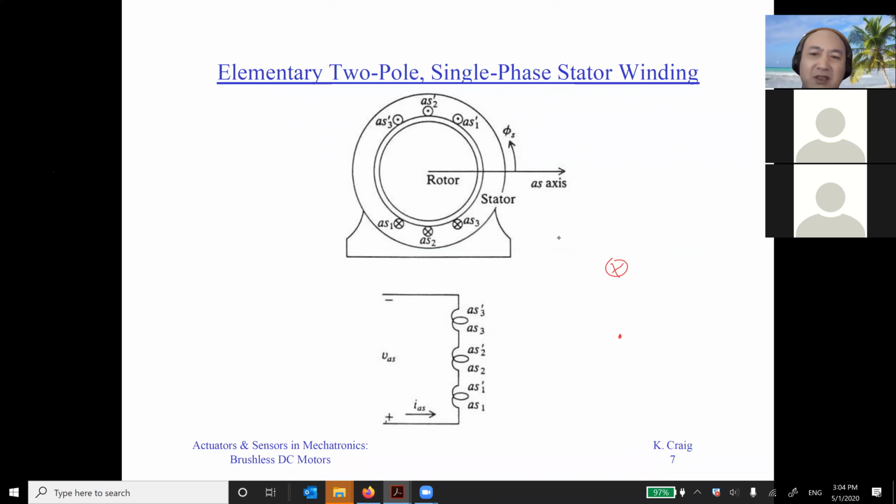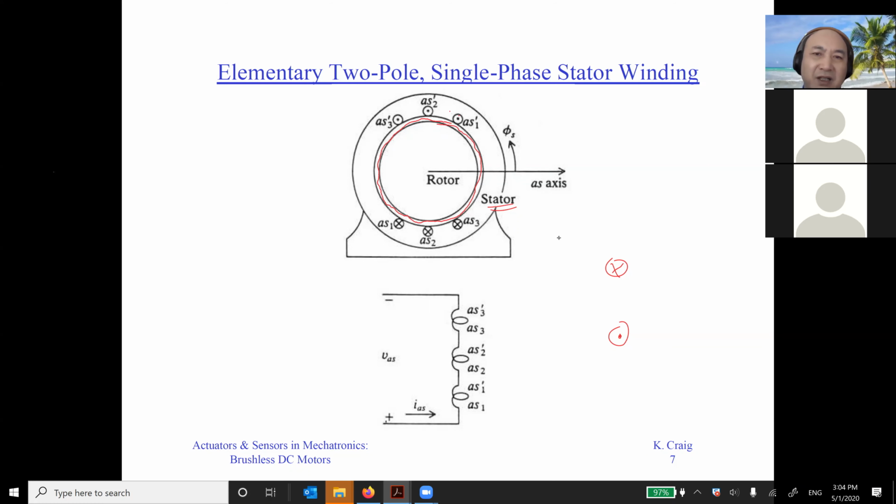This one is coming out of the paper, so the current is going outside. You can see there's an air gap in here. These are the air gaps, exaggerated. So you have windings on the stator, and you have different coils.